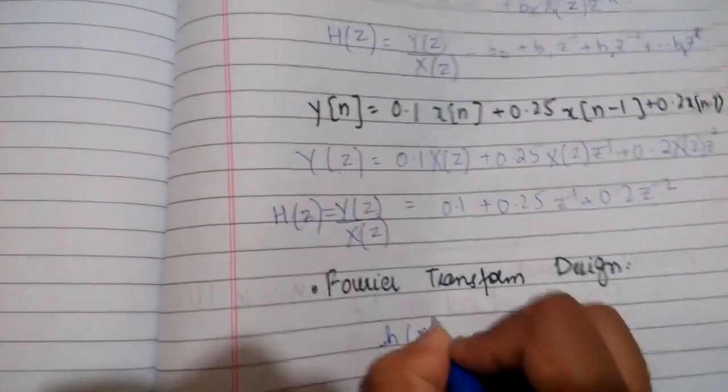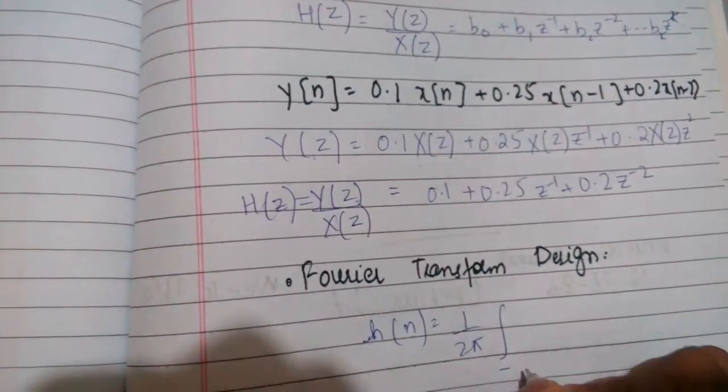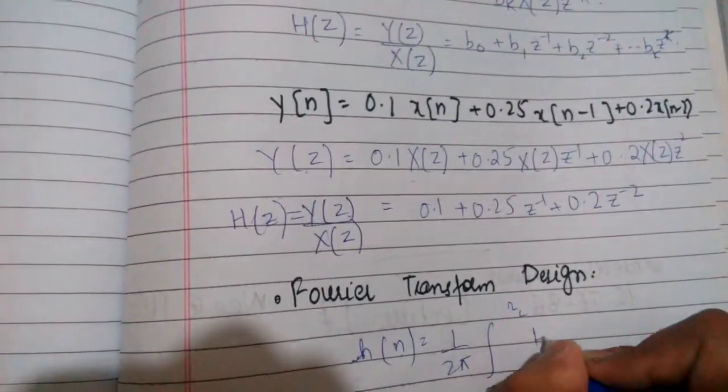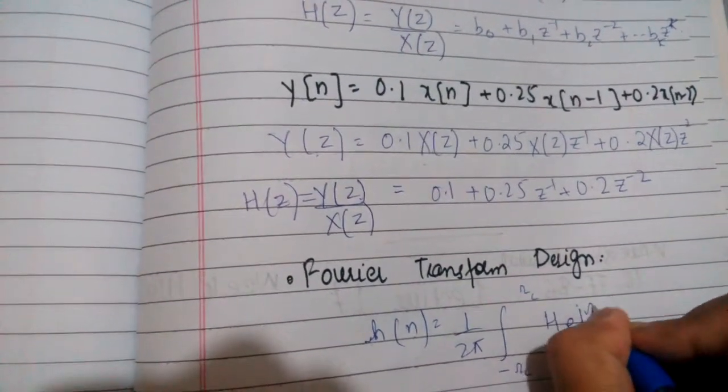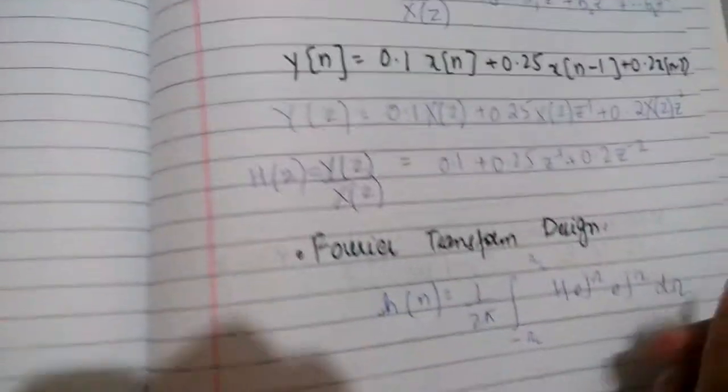So here h of n is equal to 1 over 2 pi, integral from minus sigma c to sigma c of h of e raised to power j omega into e raised to power j omega n d omega. From this formula we find the formula for h of n for n equal to 0 and for n not equal to 0.